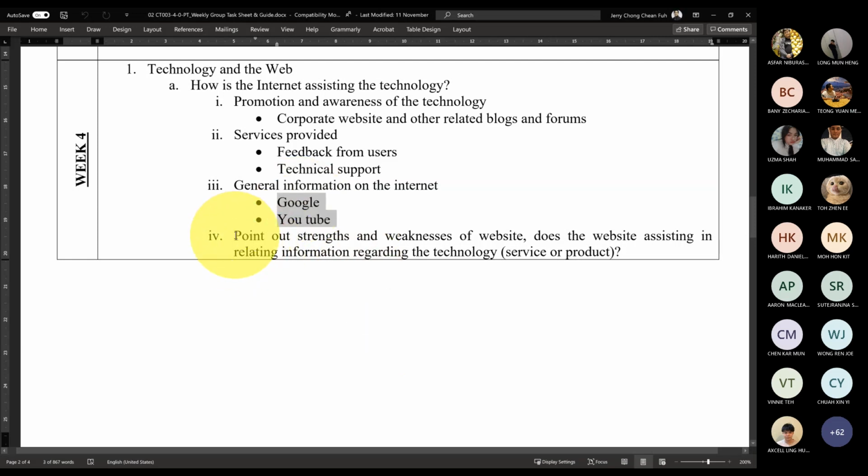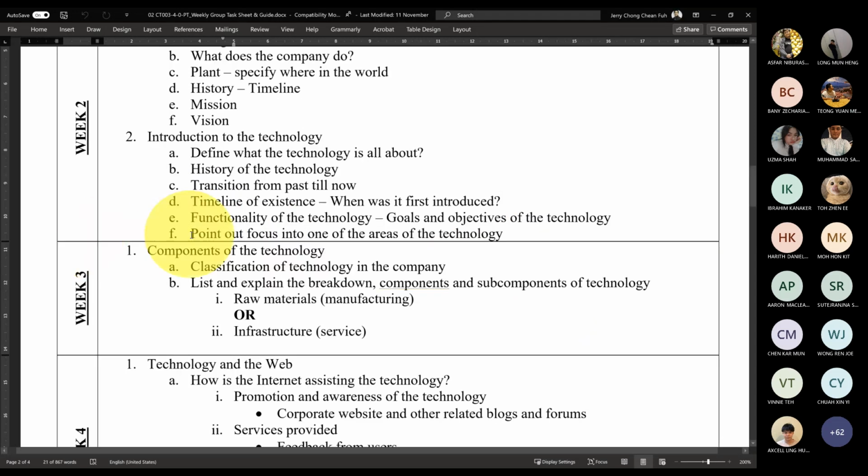Last but not least, you need to point out the strengths and the weaknesses of those links, websites and platforms that you find. Does it really help in providing information on the technology or not? If you notice, this last point here is similar to this point down here.